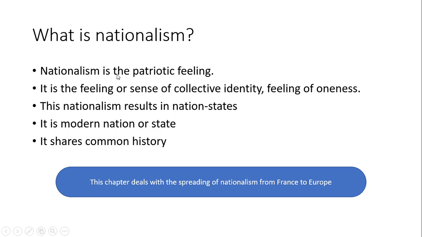Basically, nationalism is a patriotic feeling with collective identity, a feeling of oneness, which results in nation states and which shares a common history. So this chapter deals with the spread of nationalism from France to Europe.